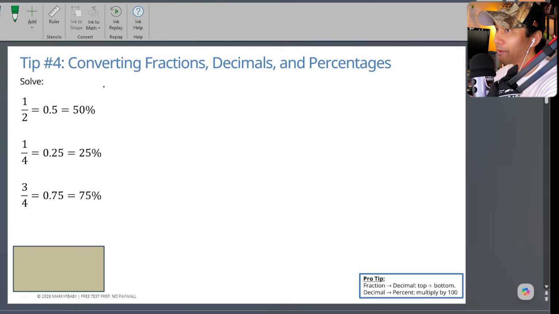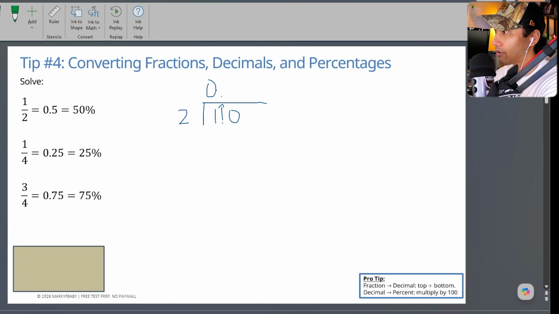Okay, let me demonstrate that. This is what's happening. So we have the top divided by the bottom, and it looks weird like this, right? We're going to perform an operation on this one. How many times can 2 go into 1? Well, it can't. So I'm going to put a decimal point here and then put a 0 here and then put this decimal point up there, because what this decimal does is it moves and stays the same in the fraction.